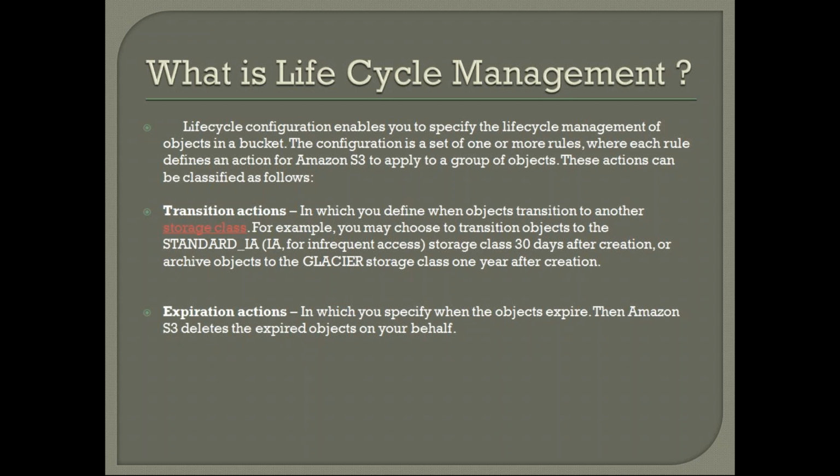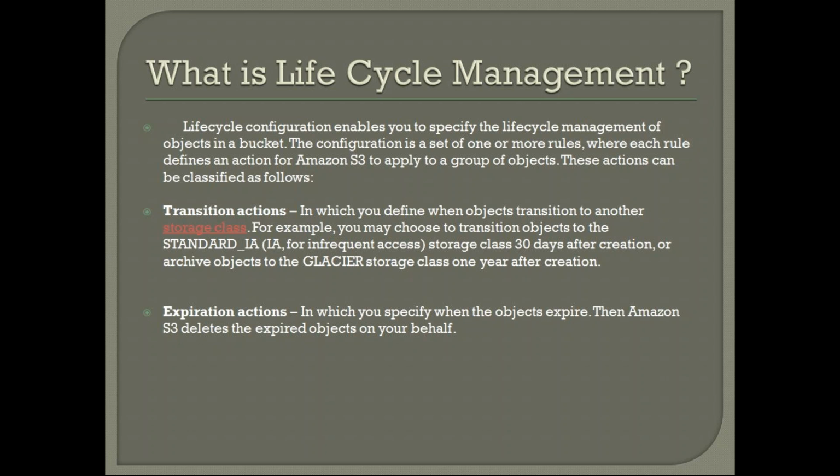We can set policies like that. Or the data will be moved to the Glacier storage class where it is archived. As I said, Glacier is an archive storage class where you can keep data for a longer duration. The data will be archived into Glacier 1 year after creation.